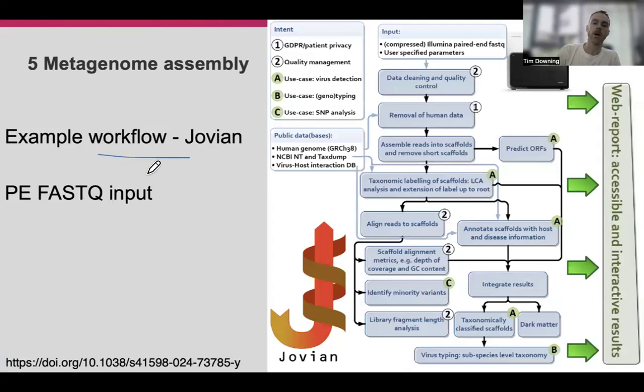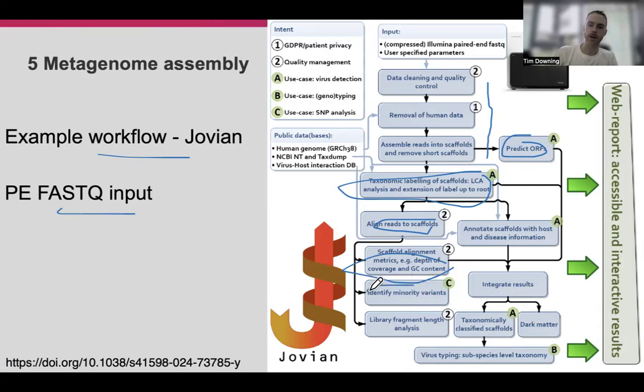An example of a workflow, which takes in paired fastq files, is Jovian. So it does QC, extracts human data because they're dealing with human data, assembles the reads into scaffolds and excludes the ones that are short. Typically ones that are less than 500 base pairs certainly are not worth exploring. It predicts the ORFs, does taxonomic classification, aligns the reads to the scaffolds, and assesses the quality of these scaffolds.